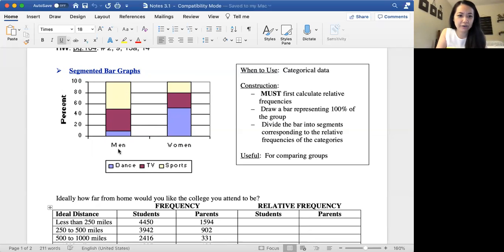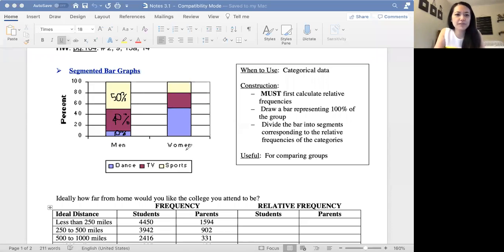All right, so actually I can even write that in here. So this is 50%. And this is, I think I said 40%. And then this was 10%. And you can see it adds up to 100. All right, whereas for women, we have 50% dance.